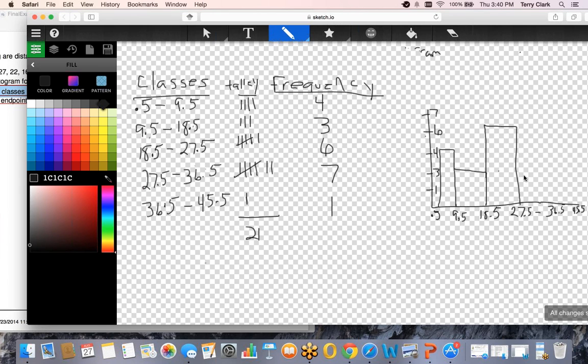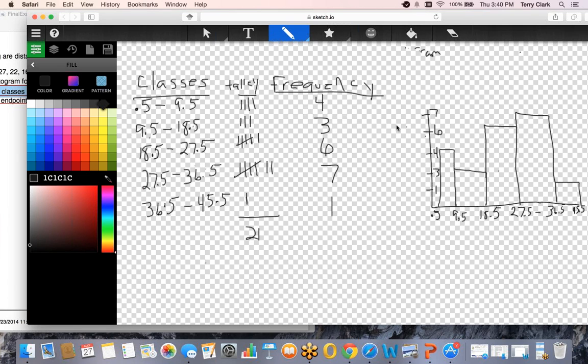And then I've got 7 for my next group, so I'm going to take that 6 and just run it up a little bit more. And then the last one is going to be 1. And that's it. That's our histogram.